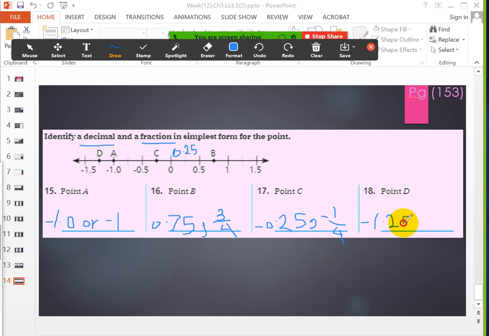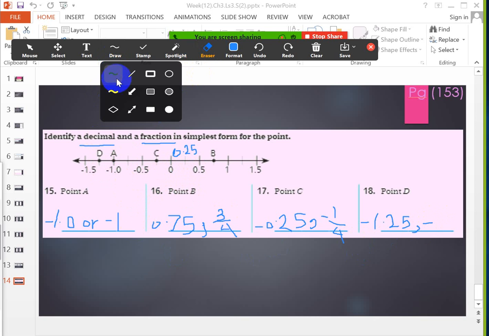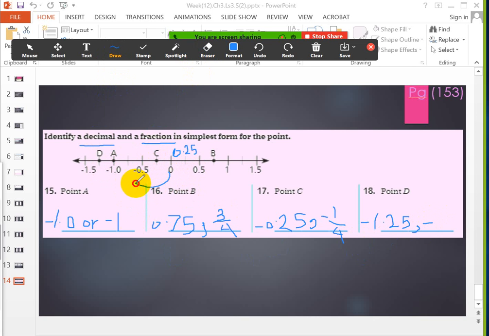If I want to write it as a fraction, as we learned in the mixed number, this is negative 1 here, and after negative 1, I jumped 1 part of 4 parts. That means the mixed number will be negative 1 and 1 over 4.